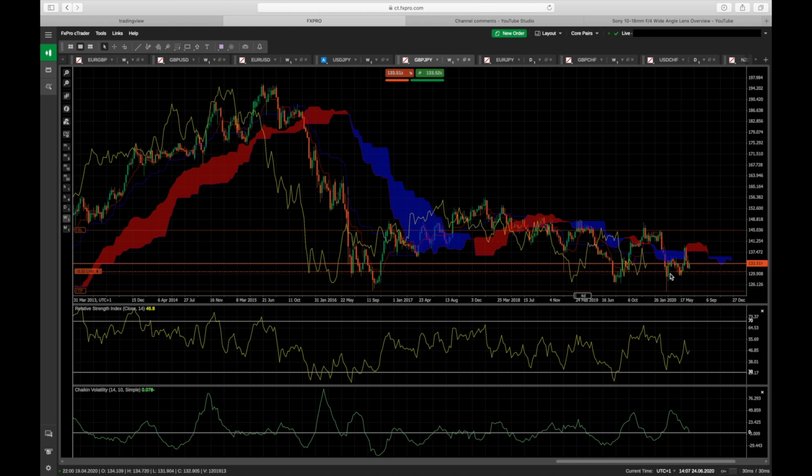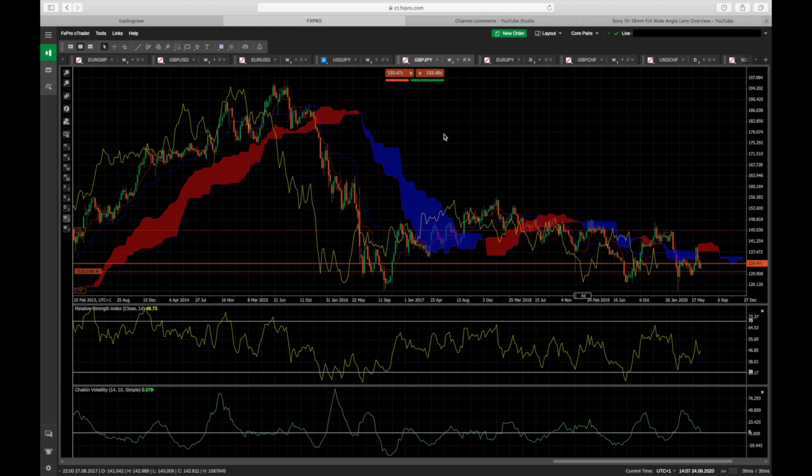We retraced our steps back up to the 133, went up and tested the 137, and I can see we're kind of stuck at the moment at the 133. We're back down to the 133, and what this is telling me, just looking at the weekly, is I'm expecting the 123 level to be tested and probably violated.